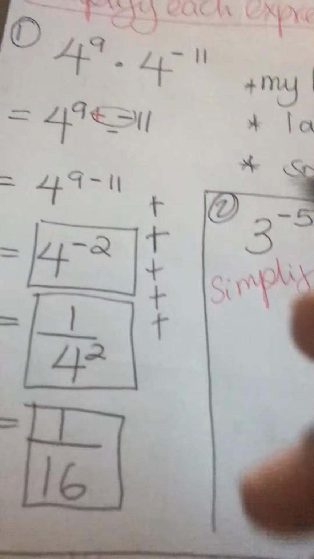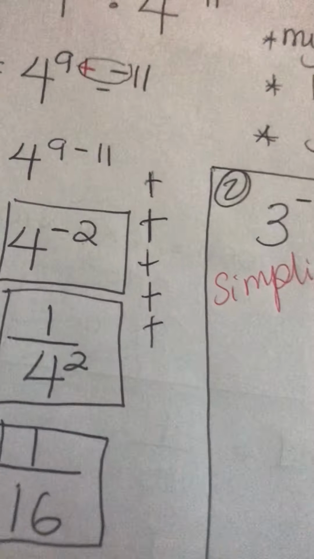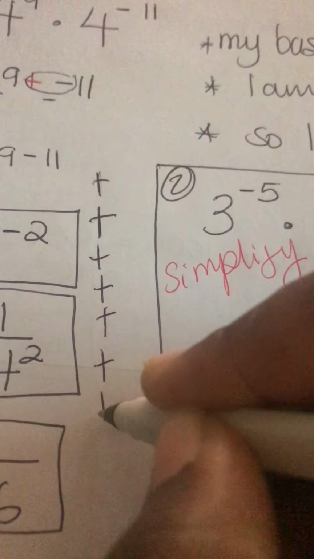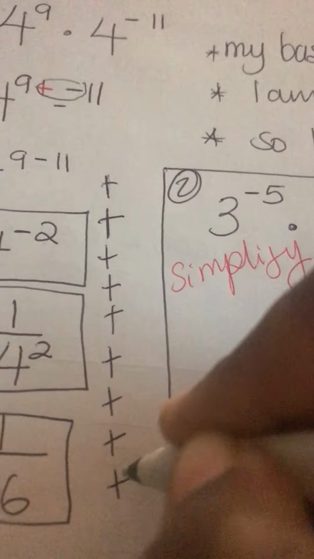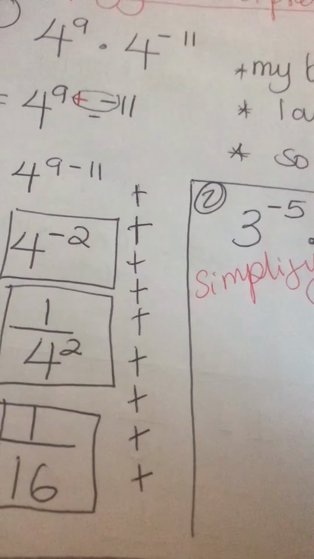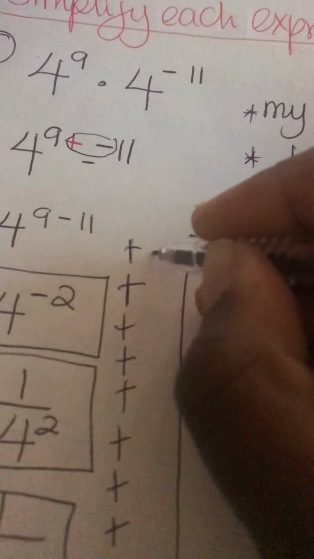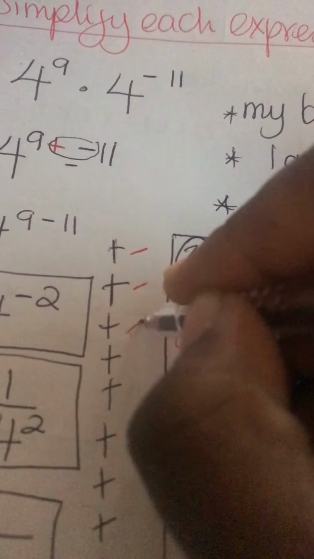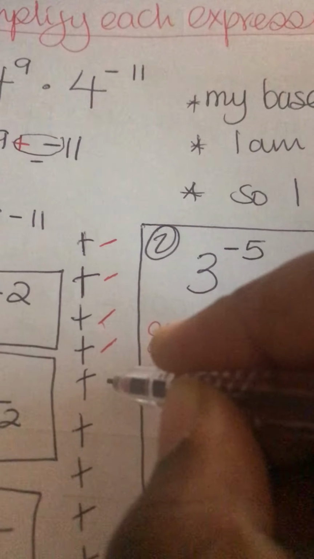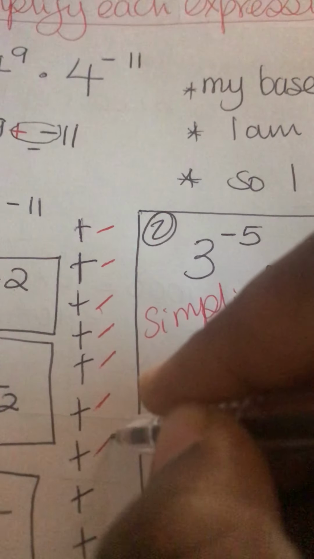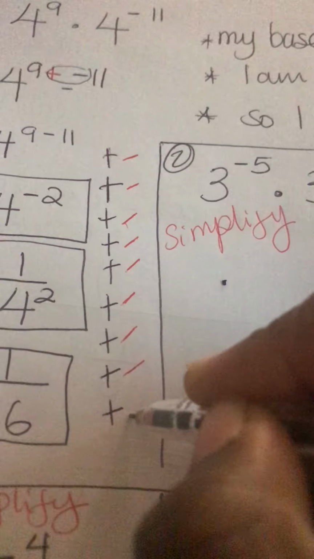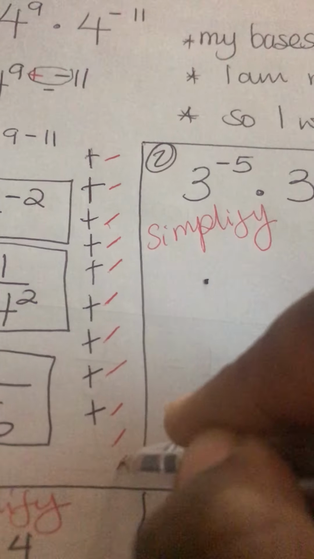9 is positive. 1, 2, 3, 4, 5, 6, 7, 8, 9. And then I have negative 11. So then I'm going to do 1, 2, 3, 4, 5, 6, 7, 8, 9, 10, 11.